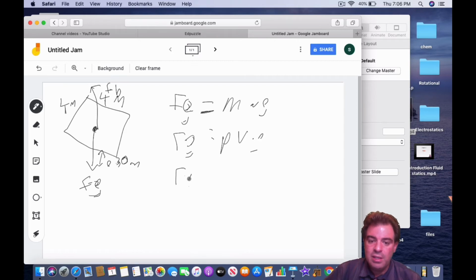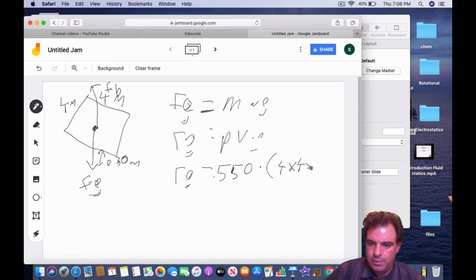So what is the density of pine wood? That is going to be 550. You can look that up. That's in kilograms per meter cubed, times the volume. So what's the volume here? Length, width, and height. So we have 4 times 4 times 0.30.